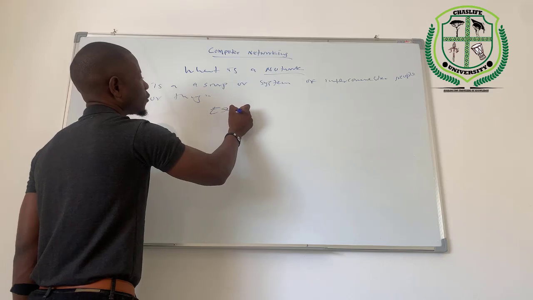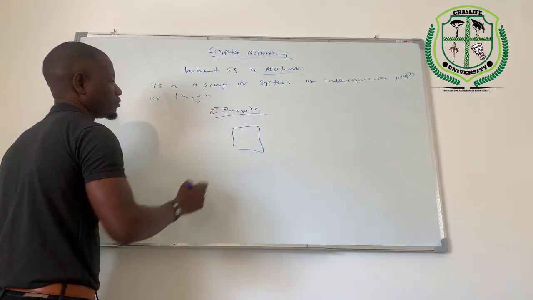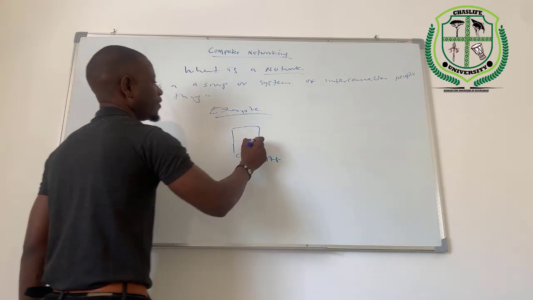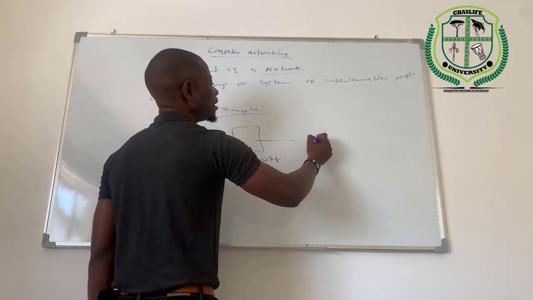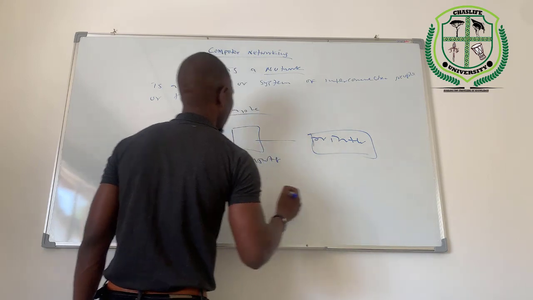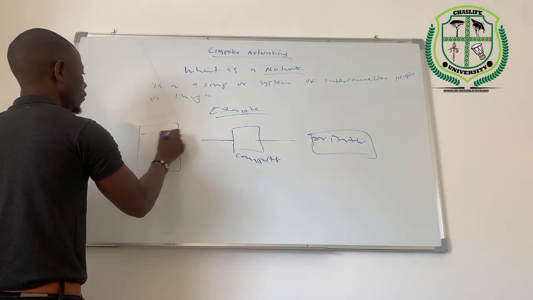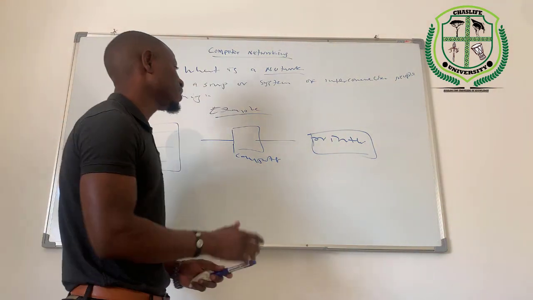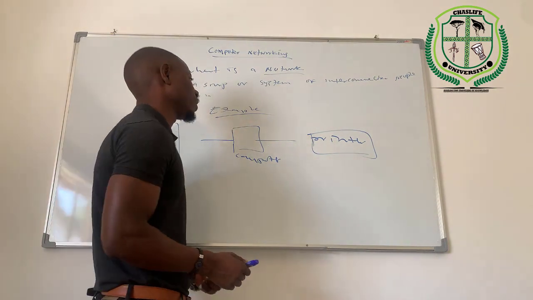Example one: this one is a computer, here we have a printer, and this side we have a server. All these are smart devices. This is just a simple illustration of computer networking.